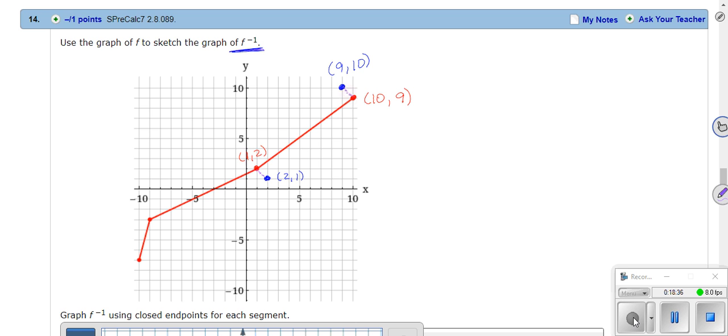Now, let's keep going. This point here is the point (-9, -3). Its counterpoint in the inverse function is going to be (-3, -9).